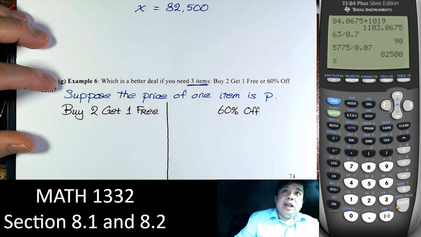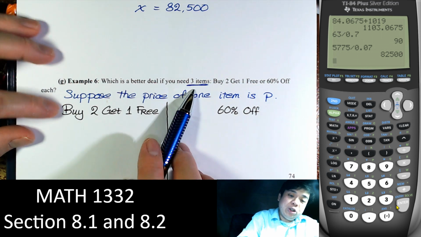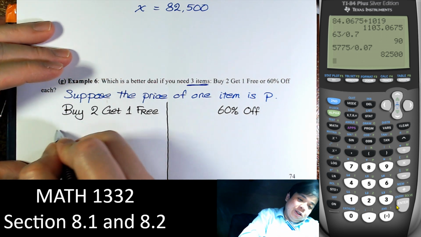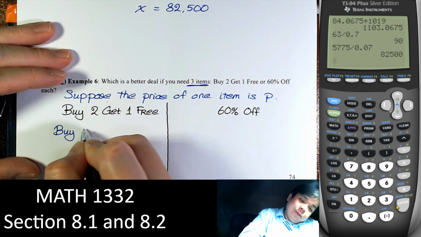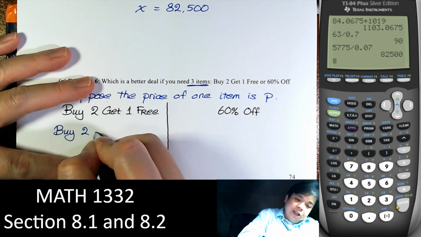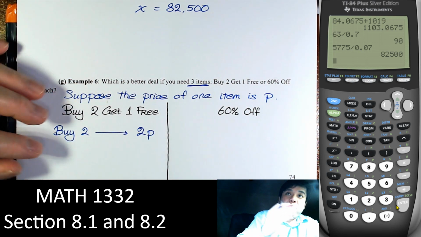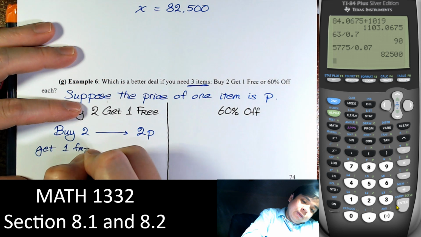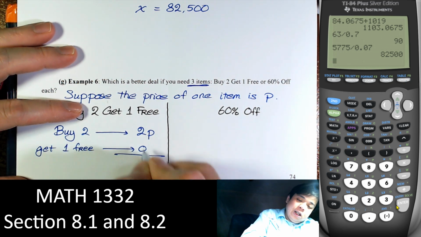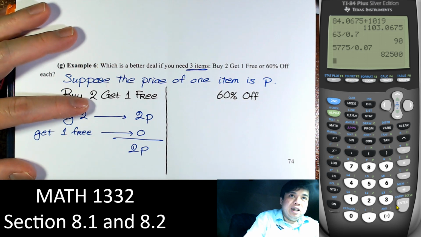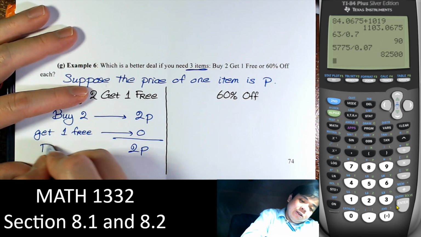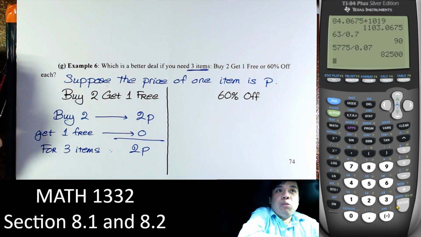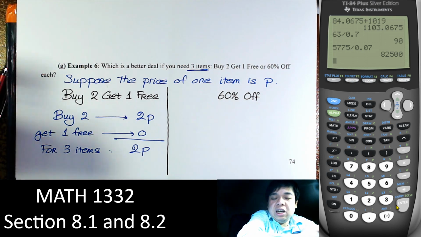So if we want buy 2 get 1 free and we need 3 items, that means we need to pay 2p, right? So we buy 2, and of course we have to pay 2p for that, p for each one of them, and we get one free. That of course is 0. So the cost is we have to pay 2p for 3 items. So if we want to buy 3 items, we have to pay 2p, whatever the p amount is.